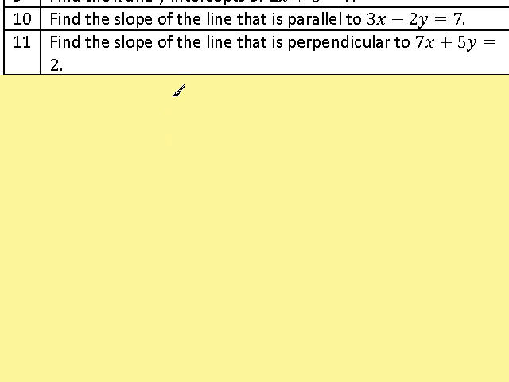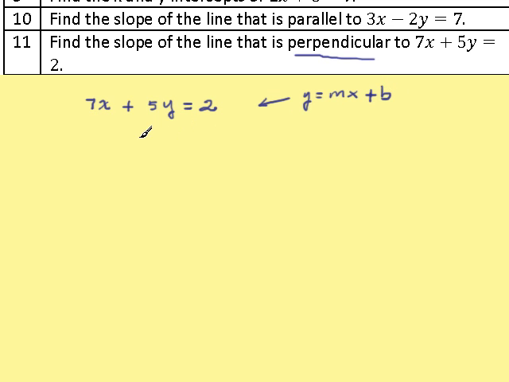And in number 11, we want to find the slope of the line that is perpendicular to this line. So this line is 7x plus 5y equal 2. So first let's find the slope of this line by putting it in the form y equal mx plus b, or solving for y.